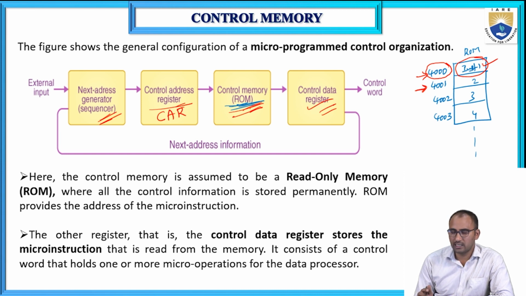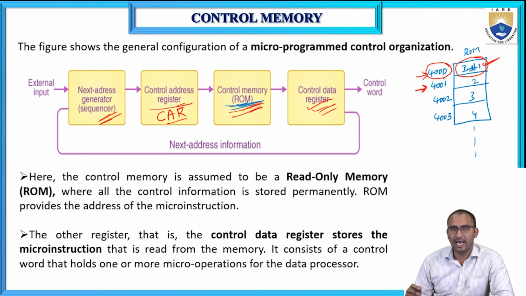So the address is stored in the control address register, and the instruction is stored in the control data register. Let us assume the first instruction is executed. Then the CPU has to go to the next address, which is 4001.